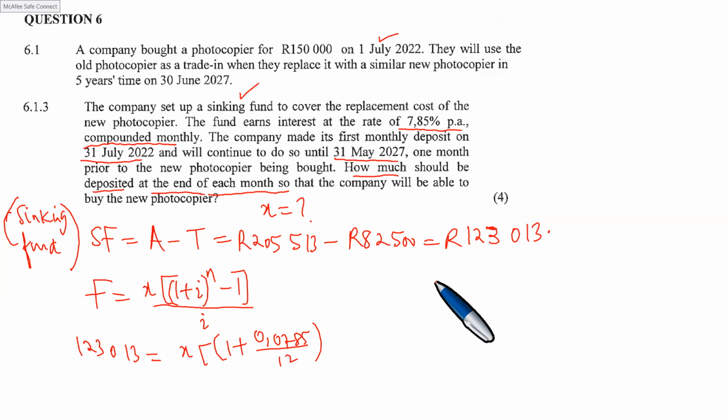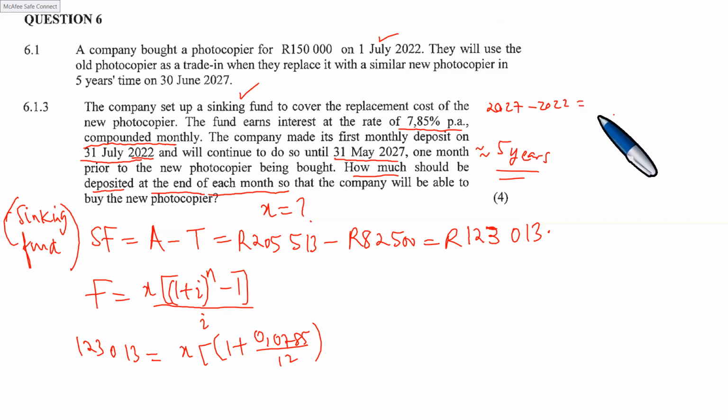So it tells you that at this point you have the year 2022, not exactly at the beginning of it, but you have 2027, so it's just about 5 years. But you need to count very carefully. It's about 5 years, because if you take 2027 and you subtract 2022, you will get 5 years.